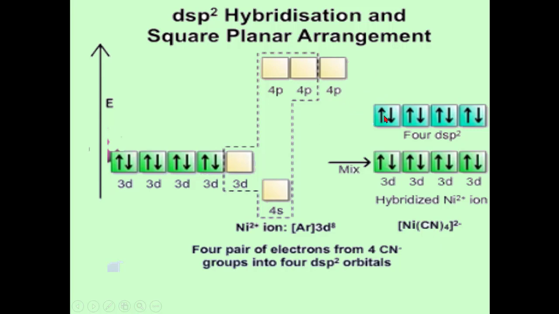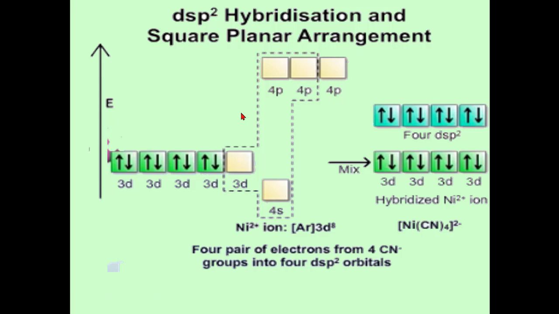So every cyanide ion puts its electron pair in the 4 vacant square planar dsp2 hybrid orbitals, and these electrons are the previous electrons, and so basically this makes the structure of nickel tetracyanide.